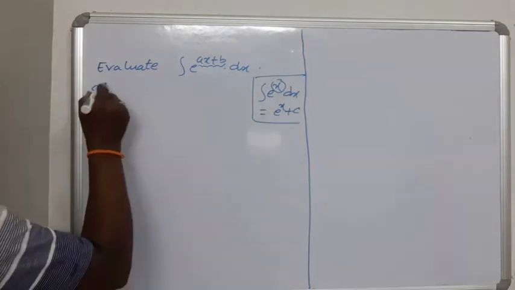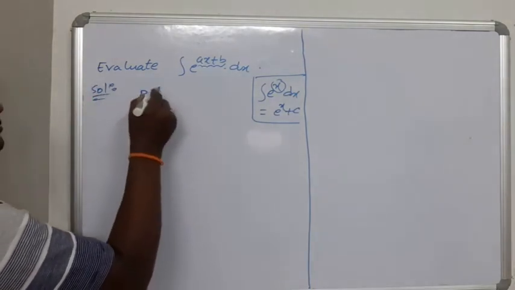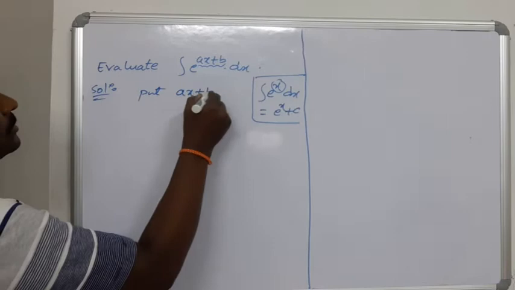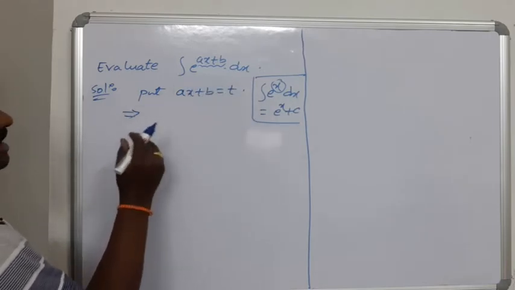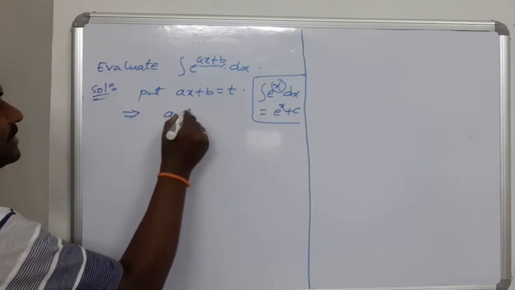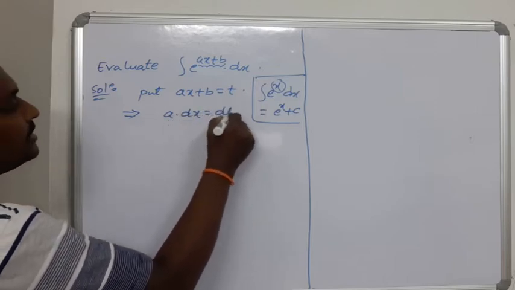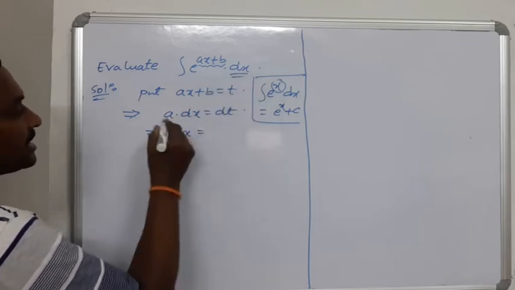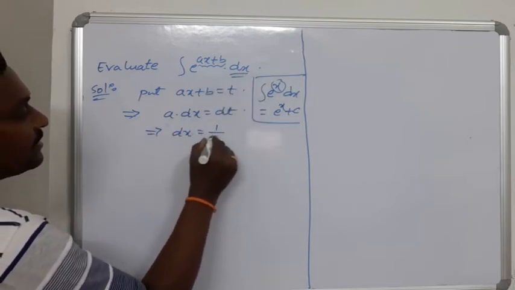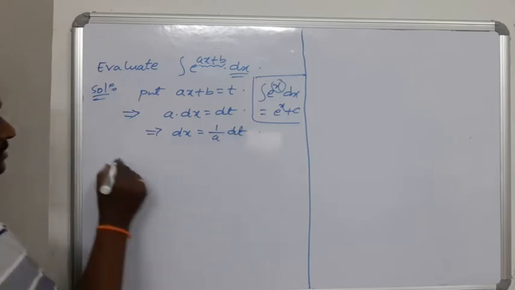That's why substitute ax plus b is equal to t. Take the derivative with respect to x on both sides. Directly you will get a into dx is equal to dt. Here we have only dx, so dx is nothing but 1 by a dt.